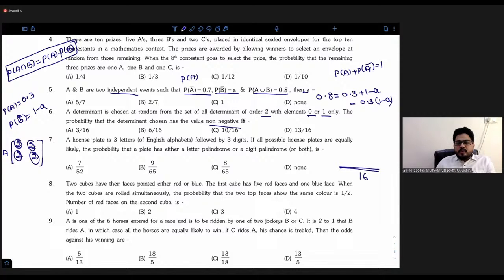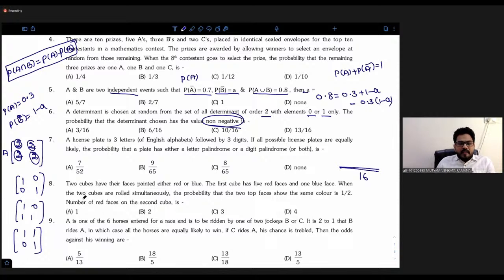And the probability chosen as non-negative. So here 1, 1 I'll take, here 0, 0 I will take. Next one is 1, 1, 0, 1 I will take. Next one 1, 1, 1, 0 I will take.